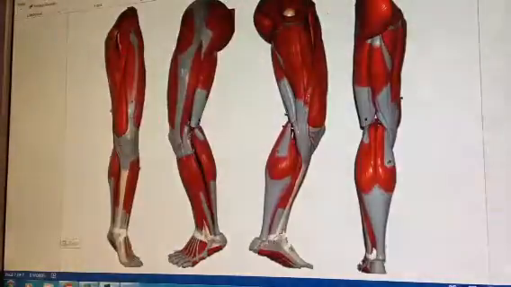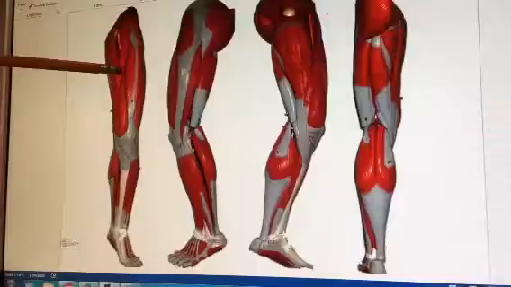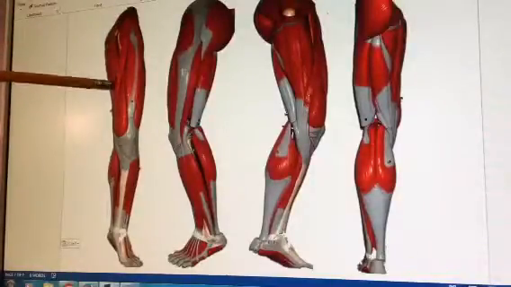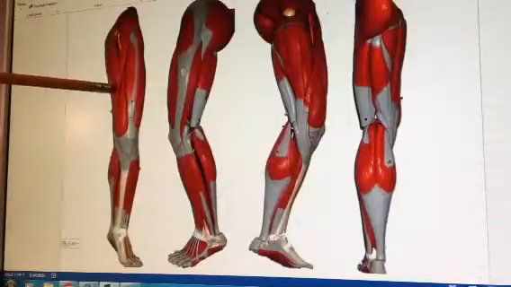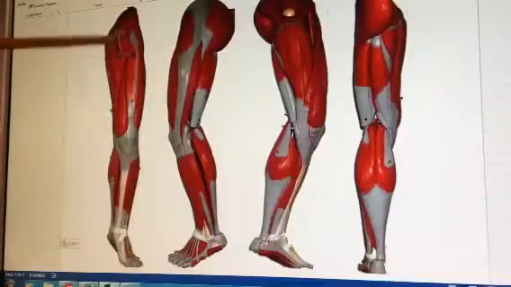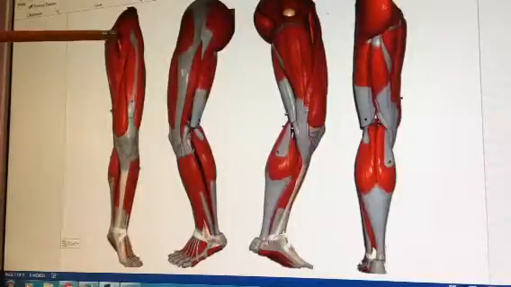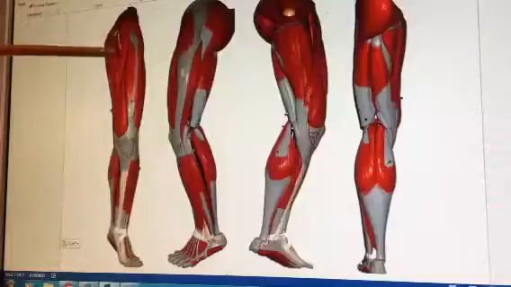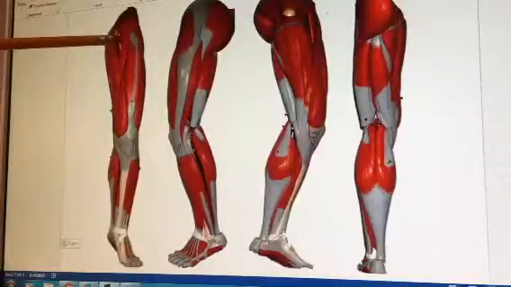And then if I look at the front side of the leg, which is here, it's kind of hard to see, but if I look at the sartorius coming down here, just in front of the biceps, the rectus femoris, just on the other side of that is the adductor longus. So the adductor longus is on the other side of the sartorius.